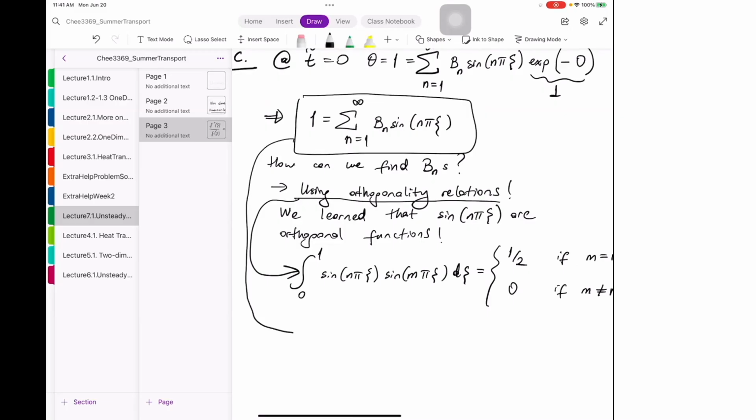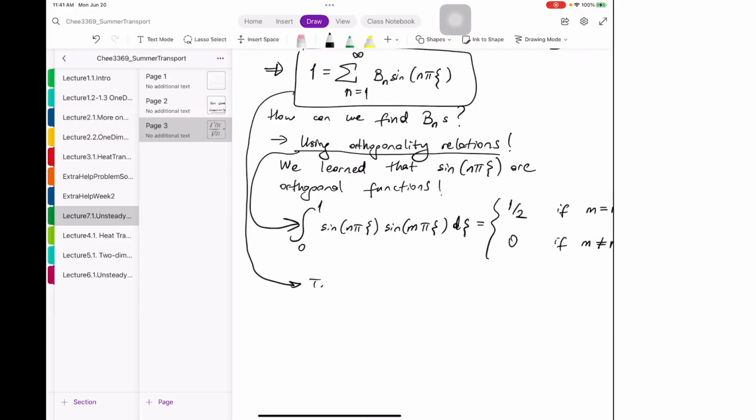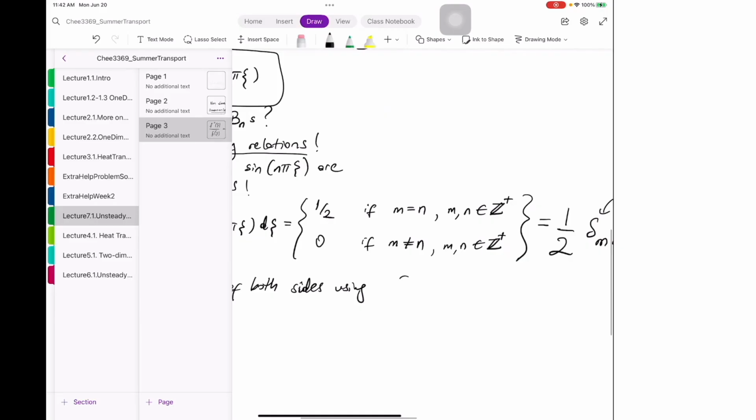So let's do this one, the one that we actually inputted our initial condition, and take the integral of both sides using integral d psi sine m pi psi.